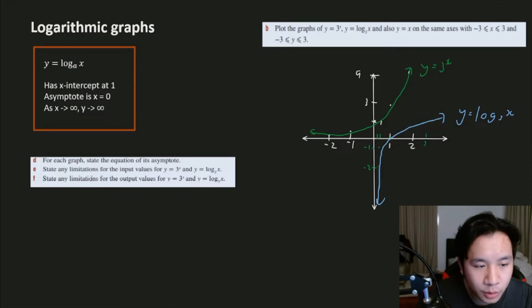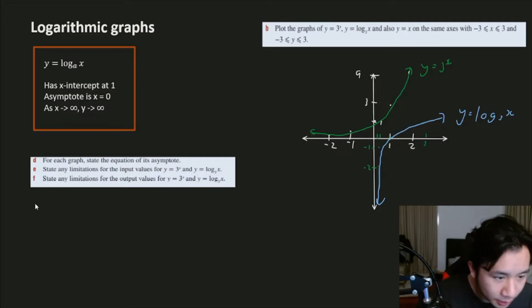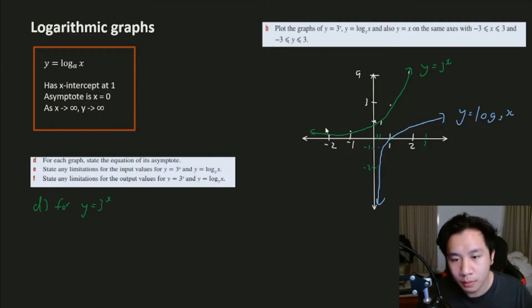All right, so just a few more questions. For each graph, state the equation of its asymptote. For y equals 3^x, the asymptote is y equals 0, the x-axis.